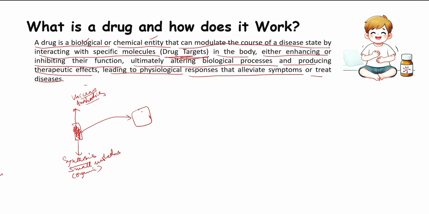If the interaction inhibits the function of the drug target, then the drug molecules are considered antagonists. So if they inhibit, it is called an antagonist, and if it enhances the function of the drug target, then it's called the agonist.